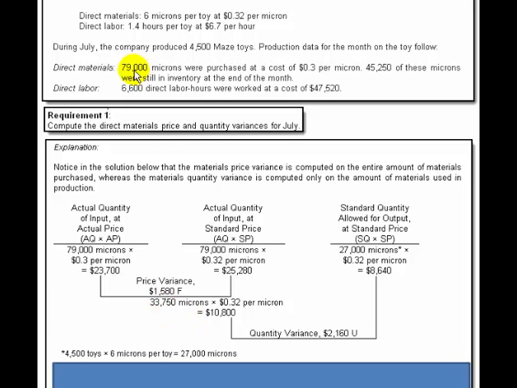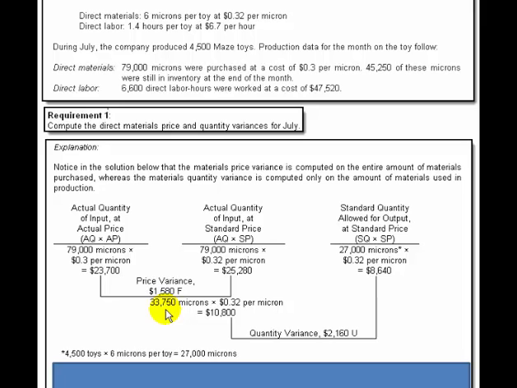We purchased 79,000, and there were 45,250 at the end. So that leaves us with 33,750 microns that we must have used, right?